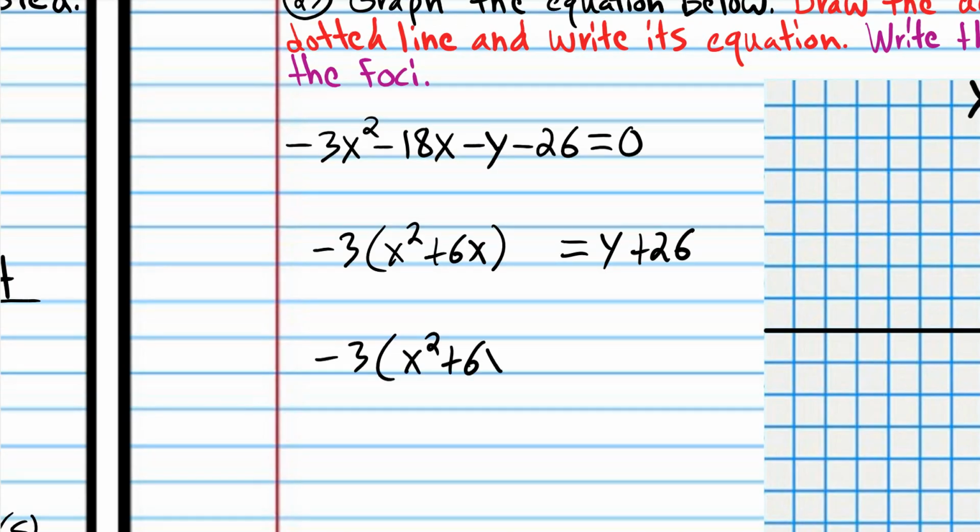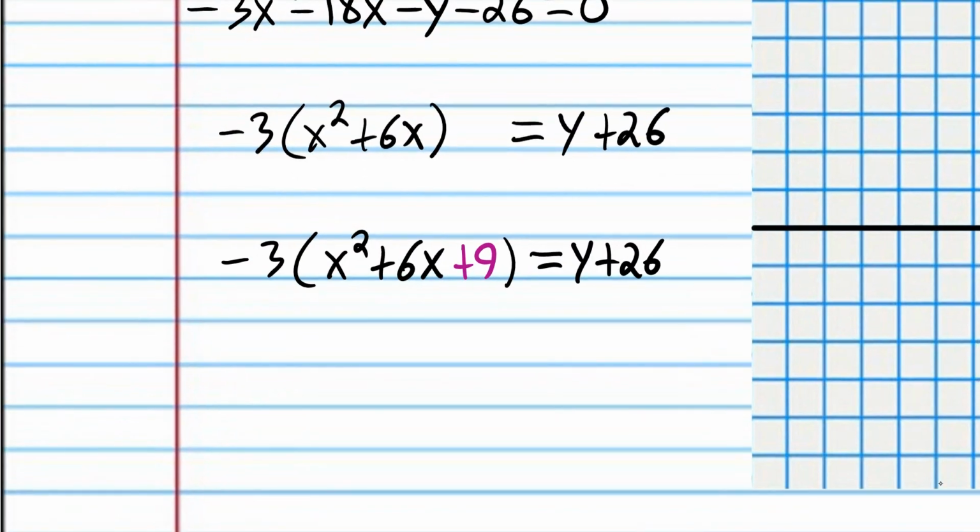For parabolas, you don't necessarily have to complete the square, but I think that would be best. So we're going to add 9, and we're going to subtract 27.